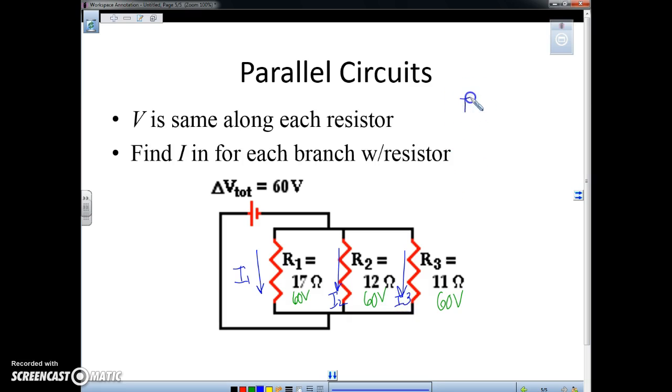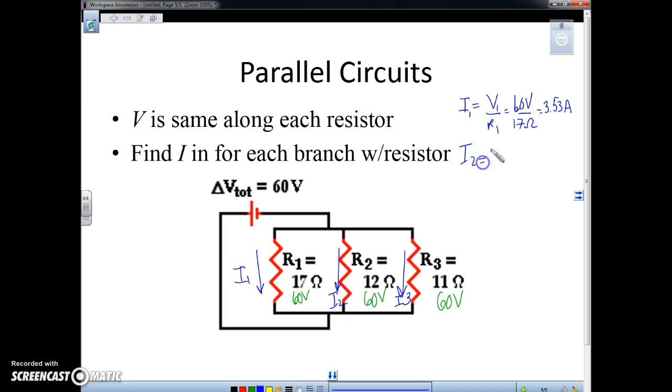So I1 is V1 over R1. I1 is 60 volts divided by 17 ohms. 3.53 amps, just like that.